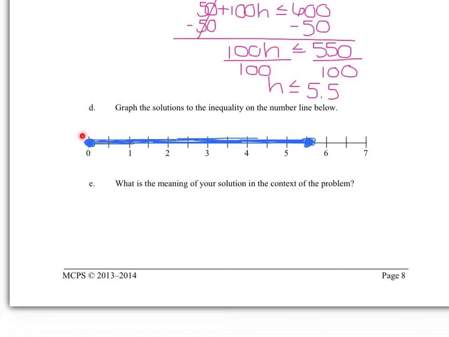Finally, what is the meaning of your solution in the context of the problem?